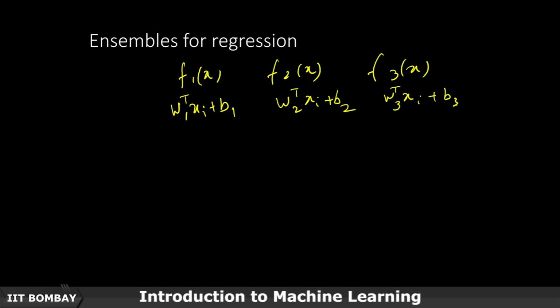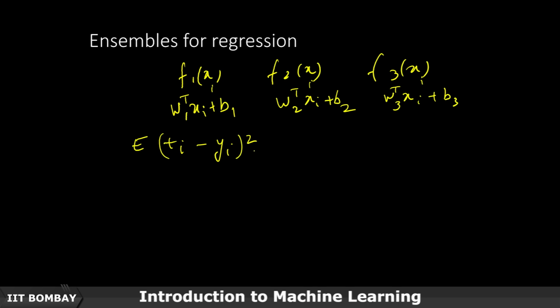All right. So now let's look at the variance of the error in this case. Let's say your target was ti. So what is the expected value of ti minus yi, squared?